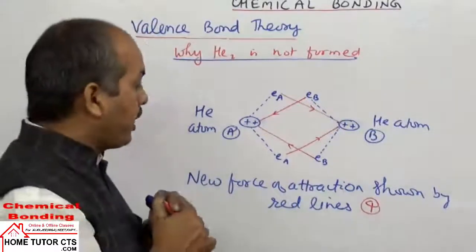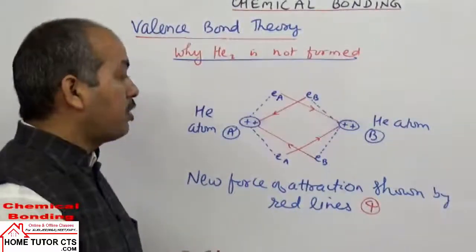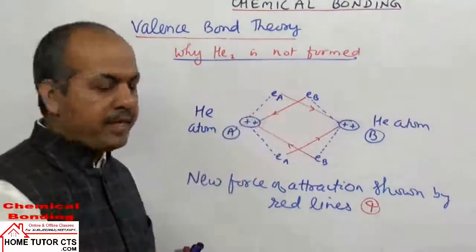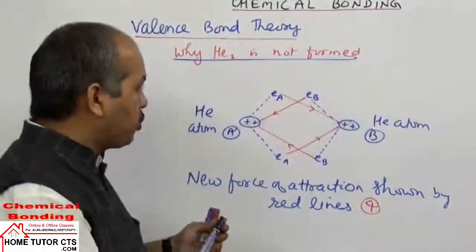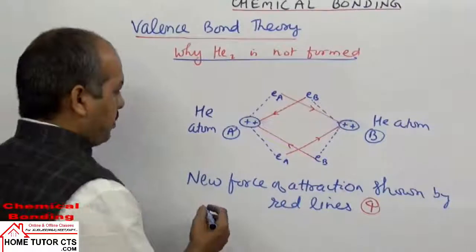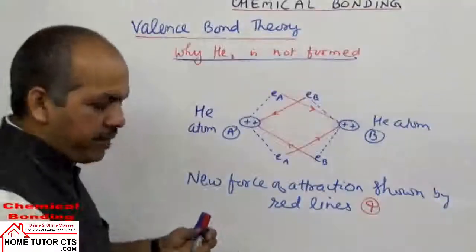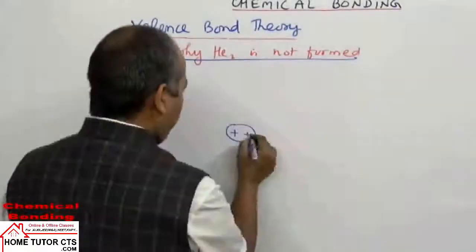Now let us try to understand the new forces of repulsion in the same case. Now if I try to show them by red lines, black lines, or let us draw one separate diagram to make it more clear.